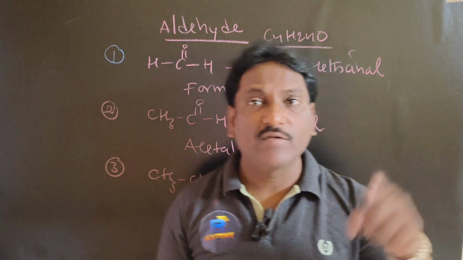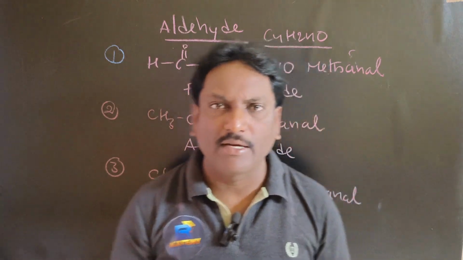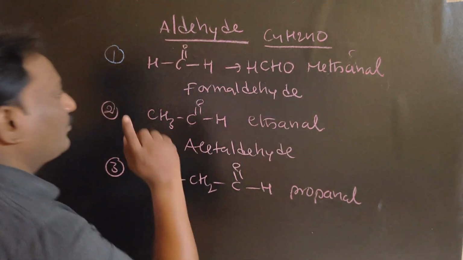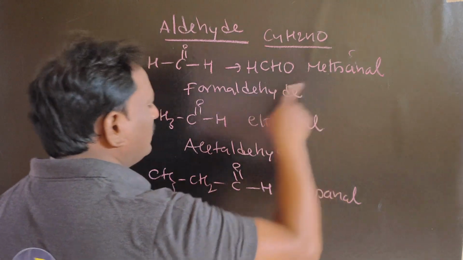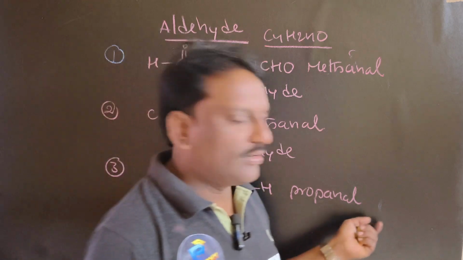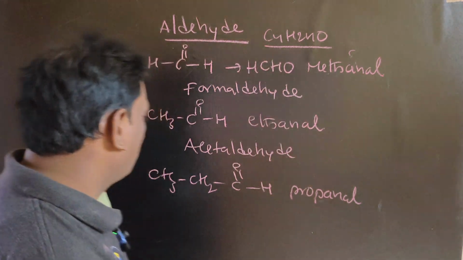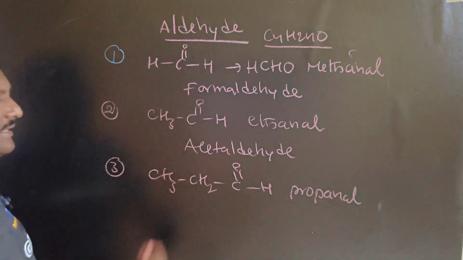Okay, it's clear. In case of ketones, the C double bond O group is present between any two carbon atoms. Right. So formaldehyde, methanal, acetaldehyde, ethanal, and propanal. Propanal is the IUPAC name, ethanal IUPAC name, methanal IUPAC name.